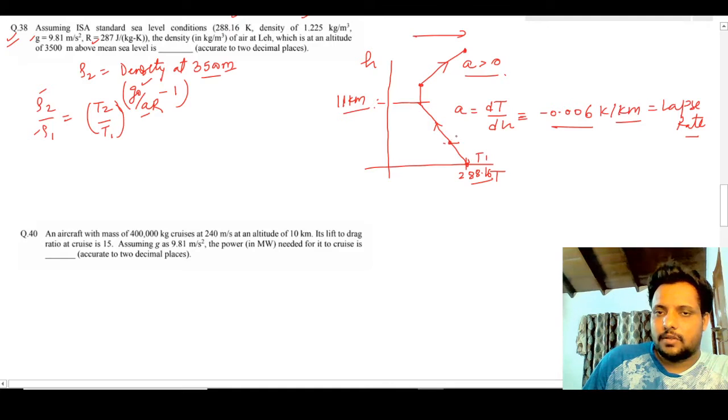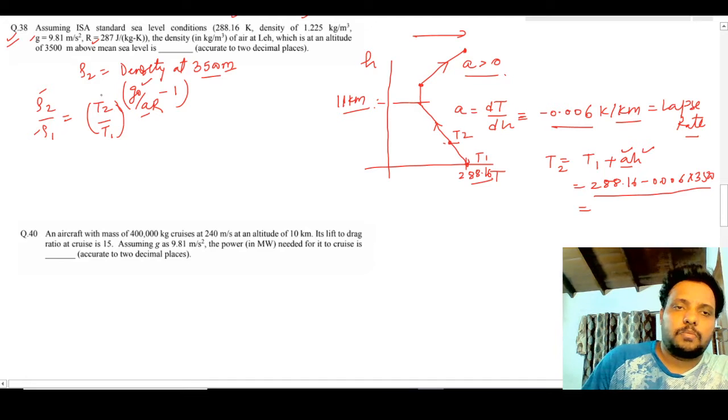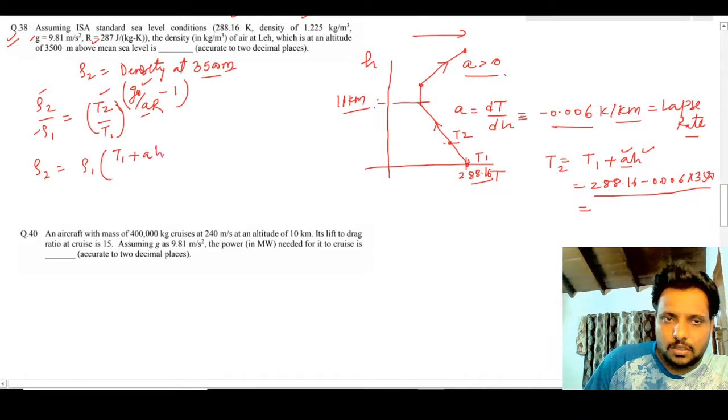T2 is nothing but T1 plus aH, where H is the altitude and a is the lapse rate. Here a is negative, so it will be 288.16 minus 0.006 into 3500. The value of T2 from here can be put in this equation, and the expression for rho 2 is rho 1 into (T1 plus aH upon T1) to the power g naught upon aR minus 1.